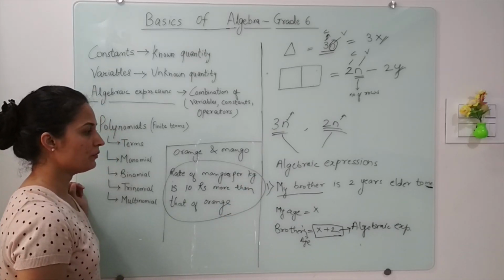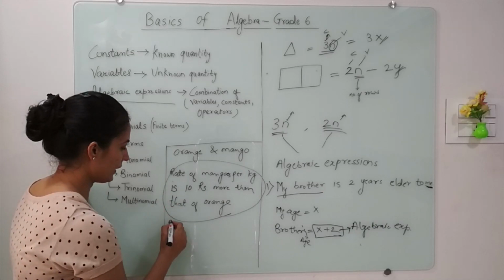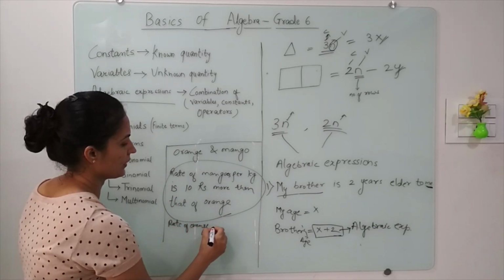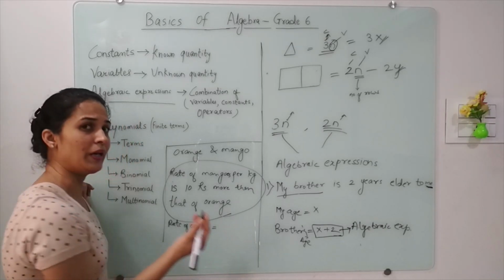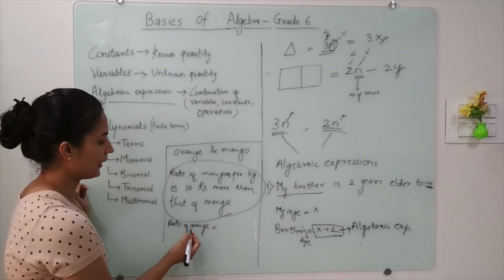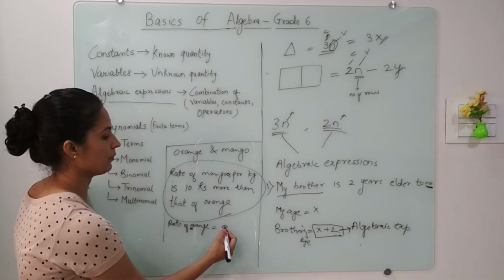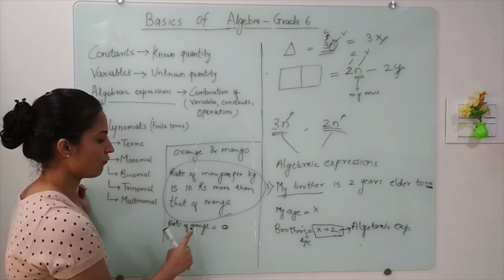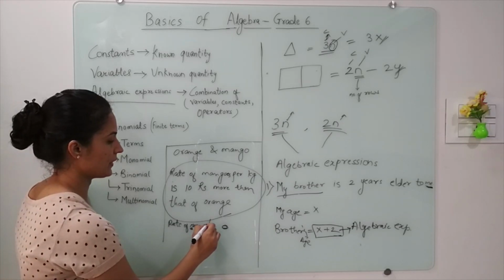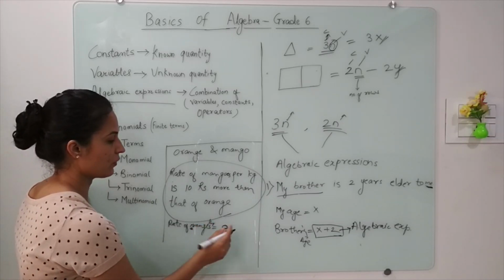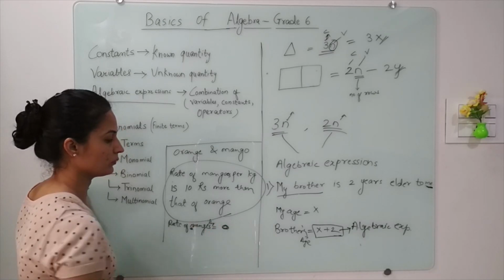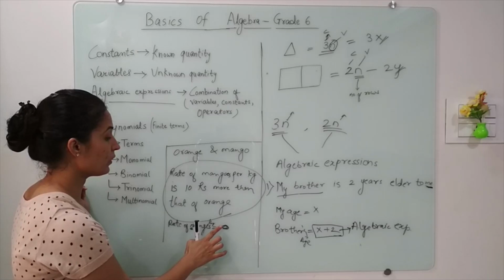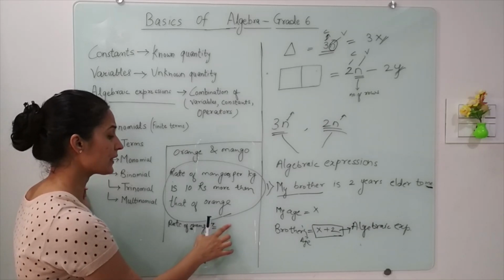We will assume that the rate of orange is equal to, you can take any alphabet. Let me take O as the alphabet here to represent the oranges. Or maybe because O will look like 0, let me take something else.